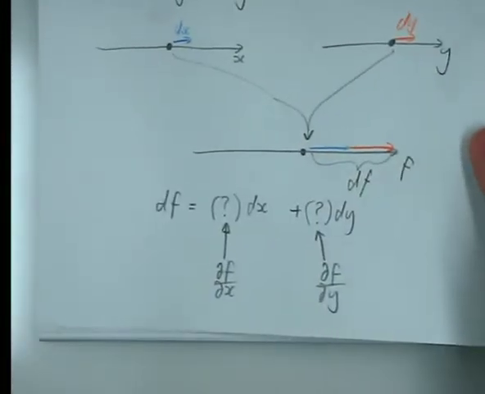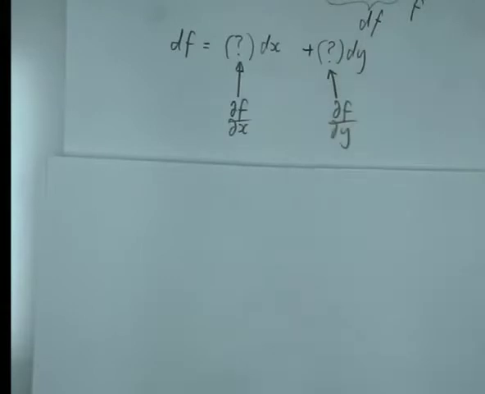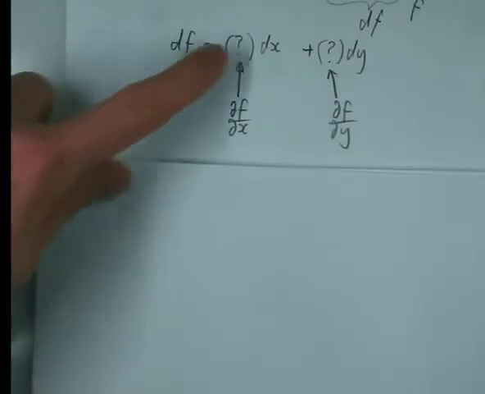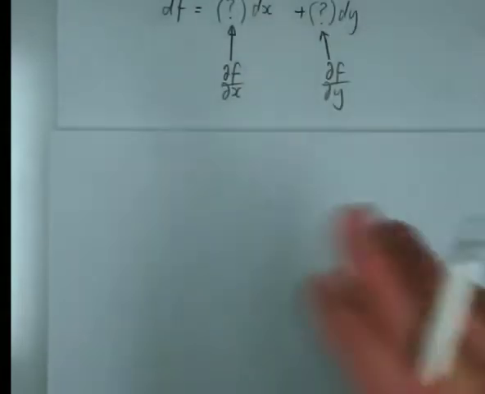Which is all well and good, right? But the idea is that we shouldn't have to go through this whole process of drawing pictures and calculating stuff to try and figure out what the formula is that goes in this spot that tells me how df is related to dx. So therefore we have all these rules.